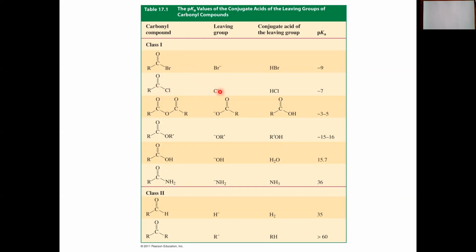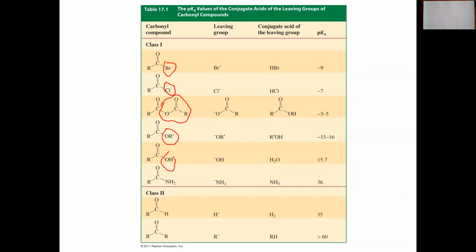This chloride is your leaving group. And again, on down the line, it's this group that's your leaving group in all of these cases. A bromide is your leaving group. A chloride is your leaving group. It's all the groups that were pink in our previous slide.